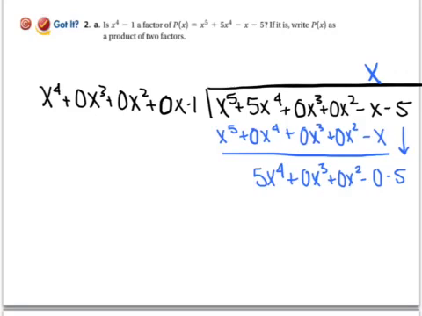It's going to be minus 0 minus 5. x to the 5th, 0x to the 4th, 0x to the 3rd, 0x squared, minus x minus minus.